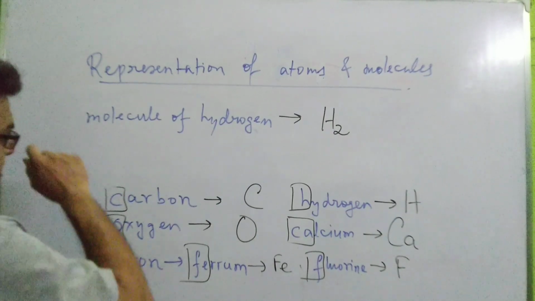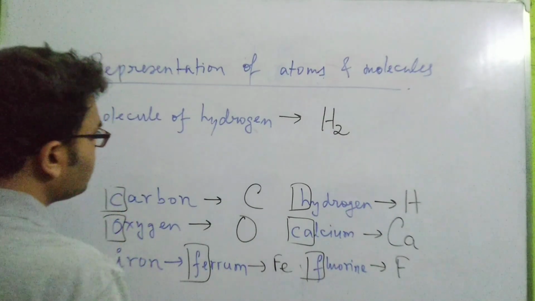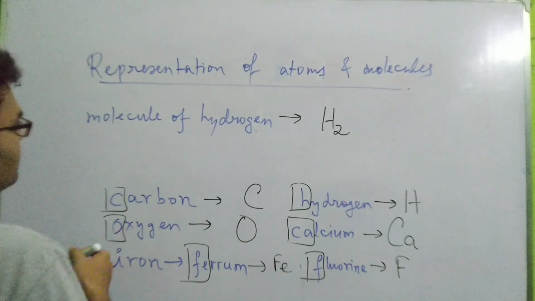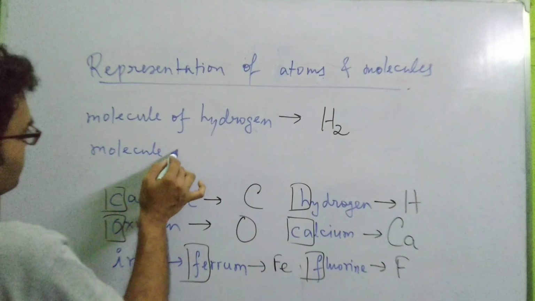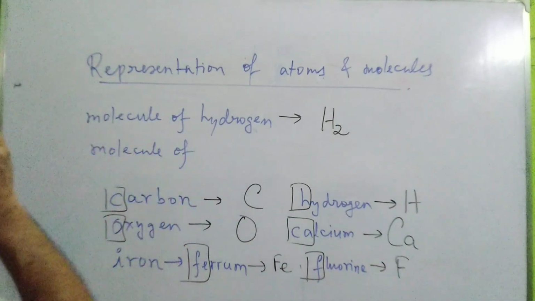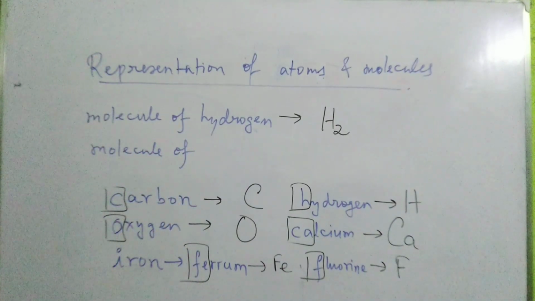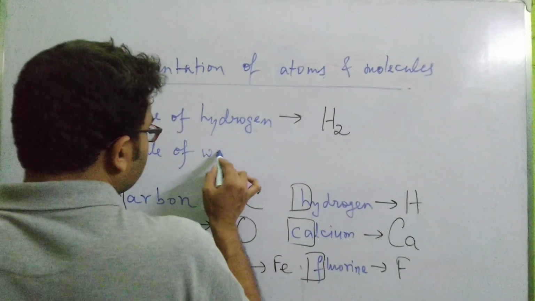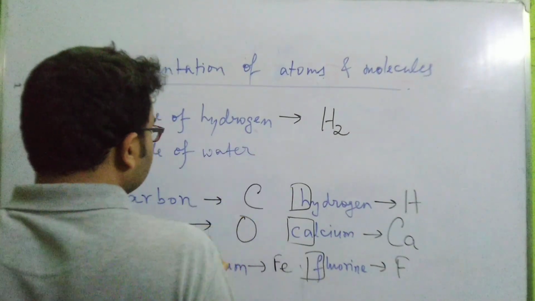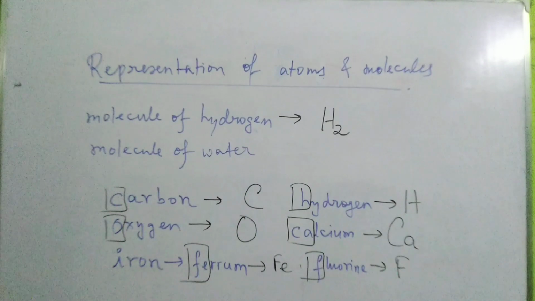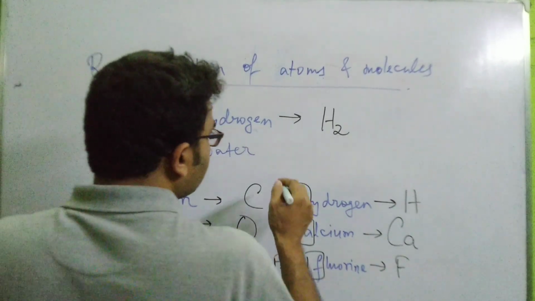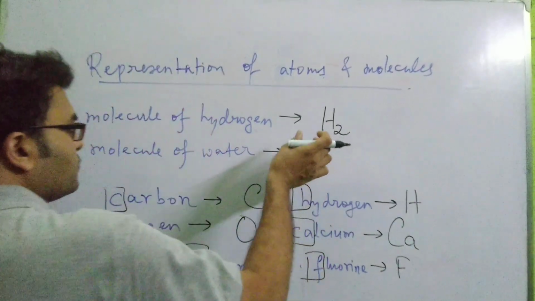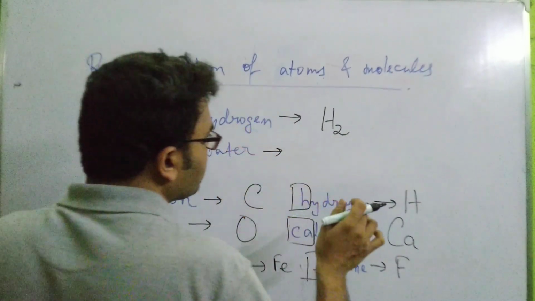Now, if you consider the molecule of water. As I have said in the previous class, a molecule of a compound will have different atoms. A molecule of an element will have the same atom. So hydrogen H2, two atoms of hydrogen combine to form the molecule of hydrogen.